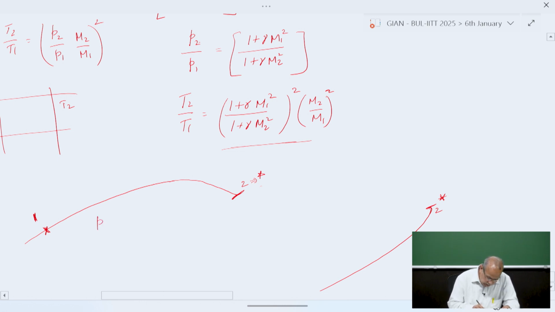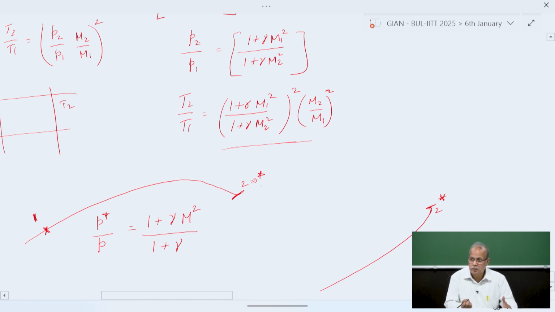So I can write here P star in general terms. P star by P is equal to 1 plus gamma M square divided by 1 plus gamma. What should I write for M2? 1. Understood, all of you. Because this is critical, M equal to 1.